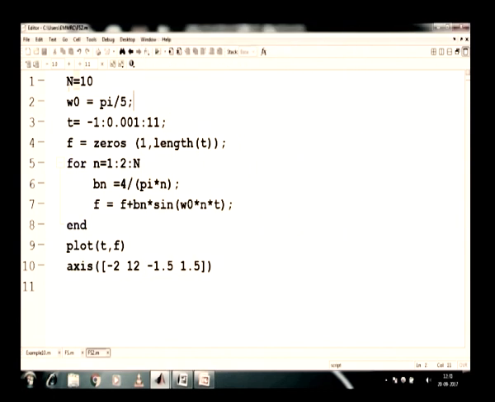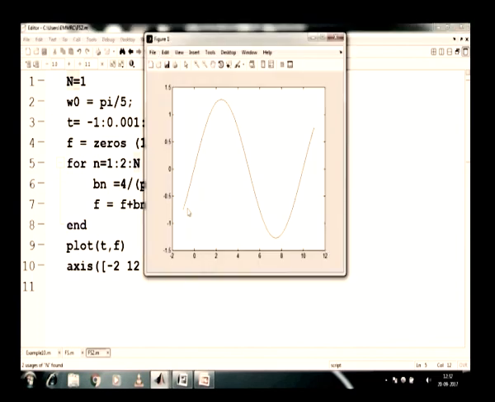We have assigned the capital N value as 10, right? Then we are varying the limit from 1 to capital N with a period of 2. So the small n we are only initializing for the loop. By varying the n value, suppose I give n value as 1 and execute your program, you get a single sine wave, right.